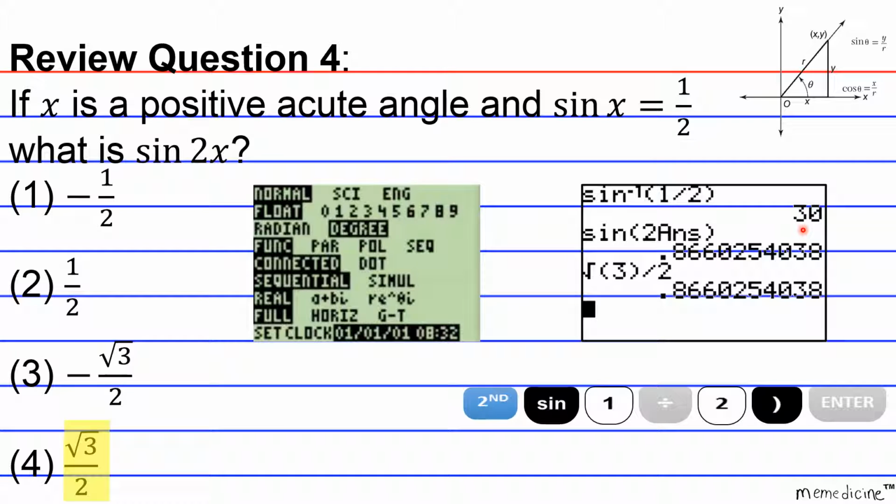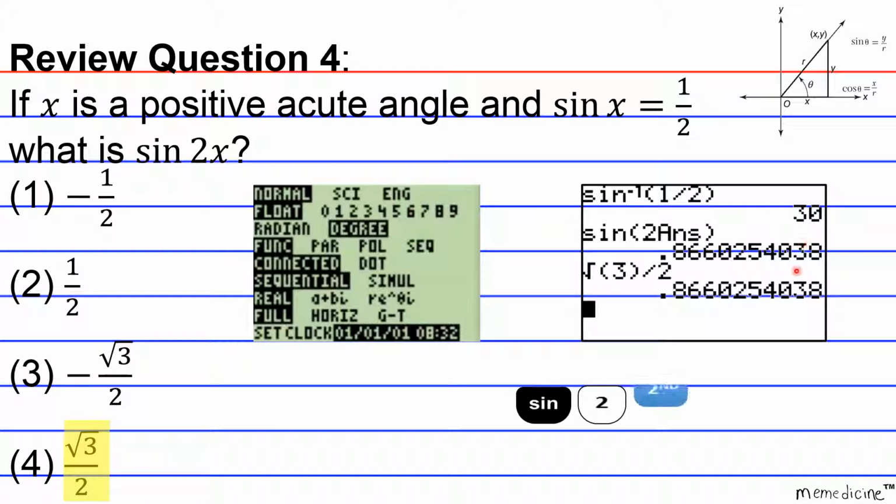Then the next thing that you're going to do is solve for the sine of 2x, okay? So to do that, you press sine, it comes preloaded with an open parenthesis. You're going to press the number 2, and then you're going to recall the last answer that you got, which was x. So you can do that by pressing second and the negative sign. The negative should be located at the lower right-hand corner of your calculator.